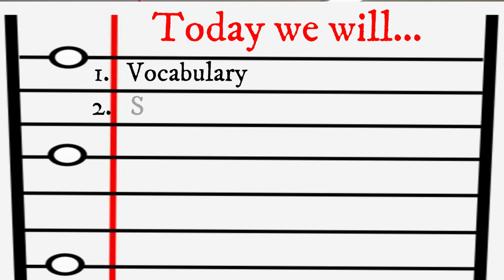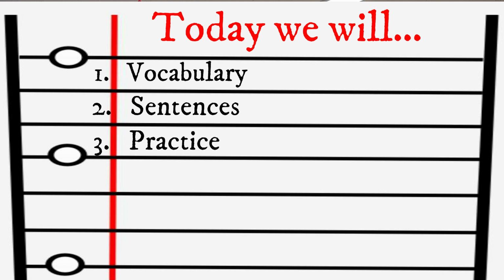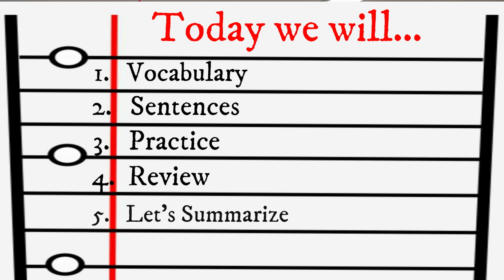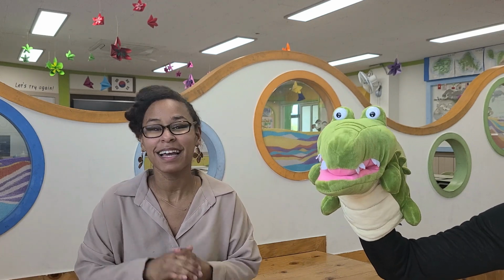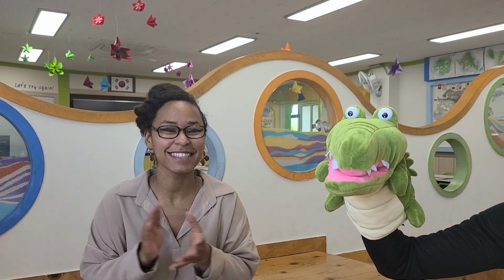Second, sentences. 두 번째, 문장입니다. Third, practice. 세 번째, 연습해 봅시다. Fourth, review. 네 번째, 복습입니다. And fifth, let's summarize. 마지막으로 요약 정리입니다. Are you ready? 준비됐나요? Let's get started.